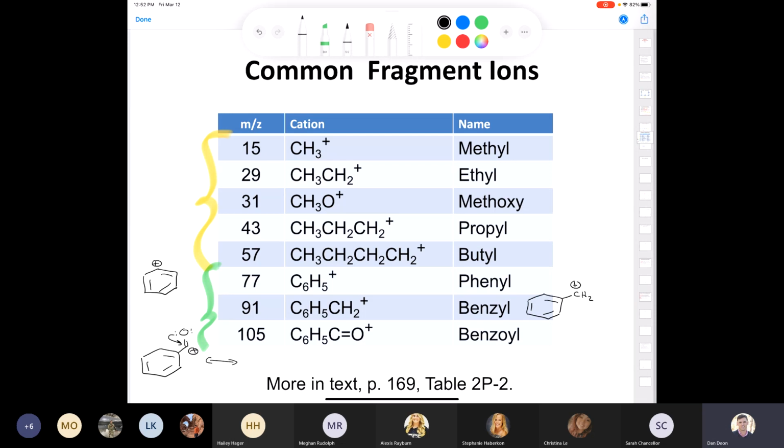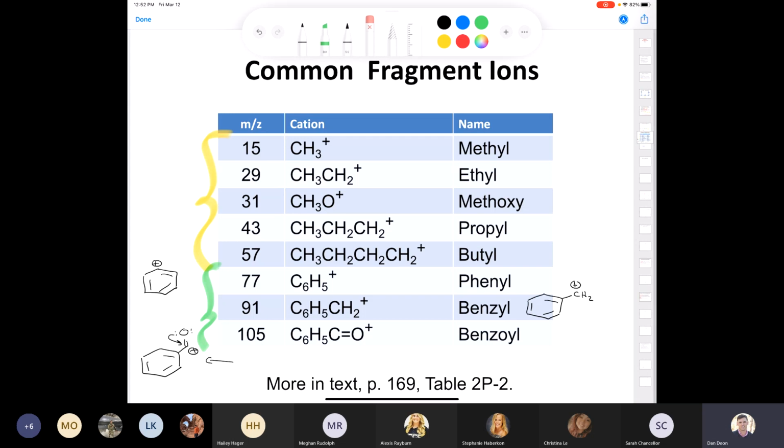I put them down here. And again, I'm not obsessed with you drawing resonance structures on your assignment. However, I just want to show you that you would have the positive charge on the oxygen. So again, we see the resonance stabilization. And you might be wondering, can I draw more resonance structures? Yes, you can, absolutely. But that's neither here nor there right now.